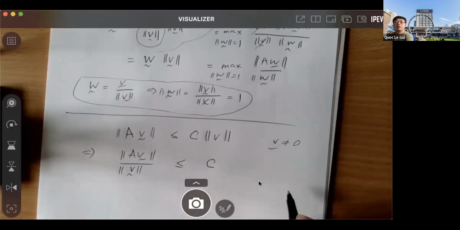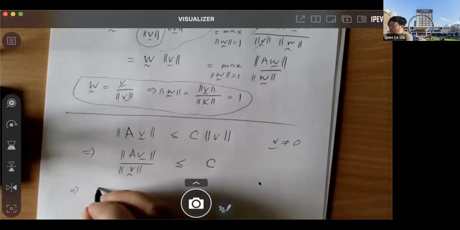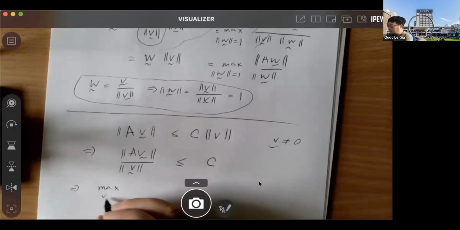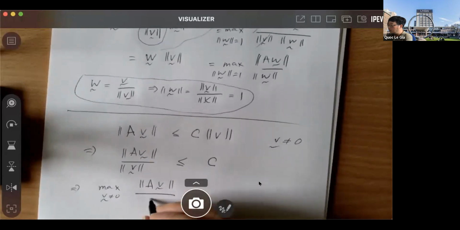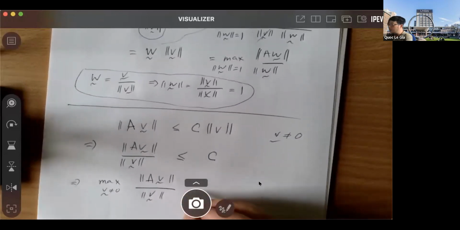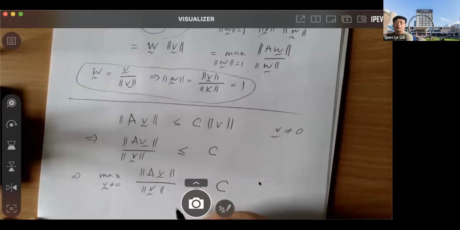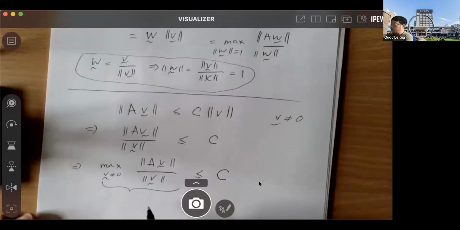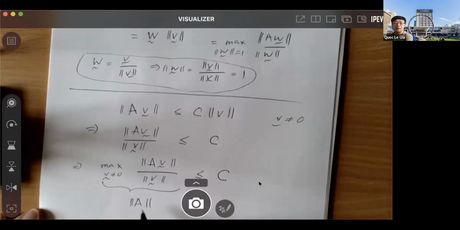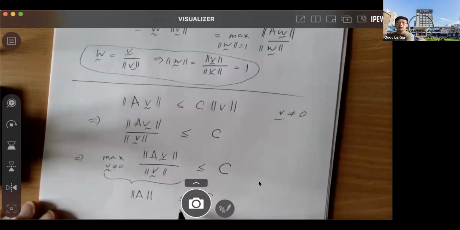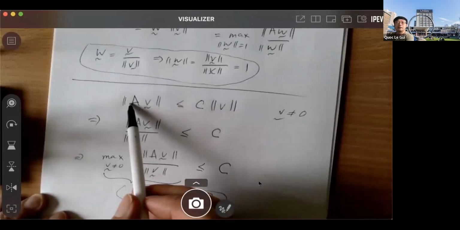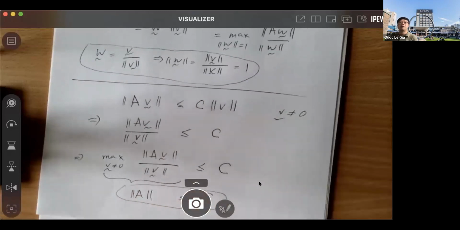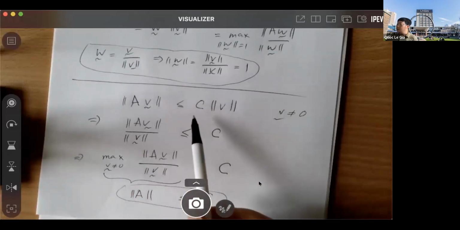But now if you take the maximum over the non-zero vectors V, it's still less than or equal to C. And this one, by definition, is the norm of the matrix A, less than or equal to C. So this is another way to say that the norm is the smallest constant C such that this inequality holds.